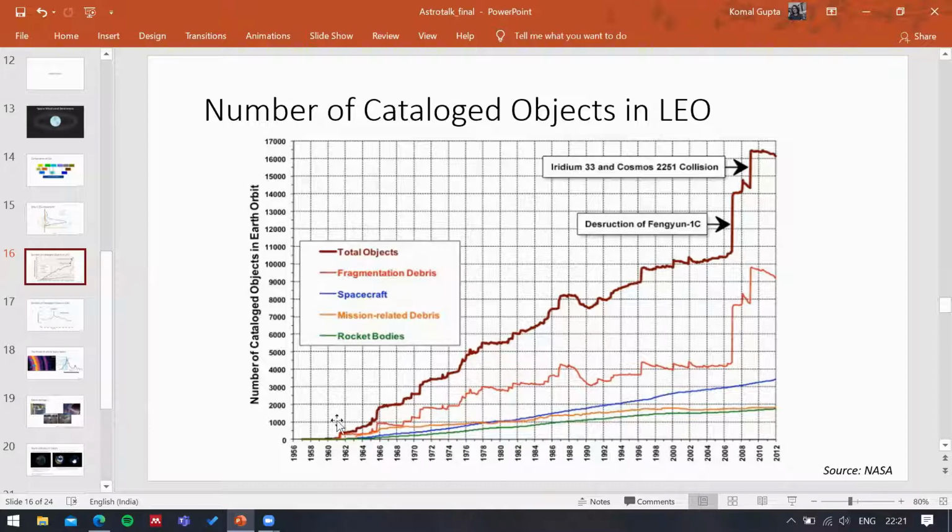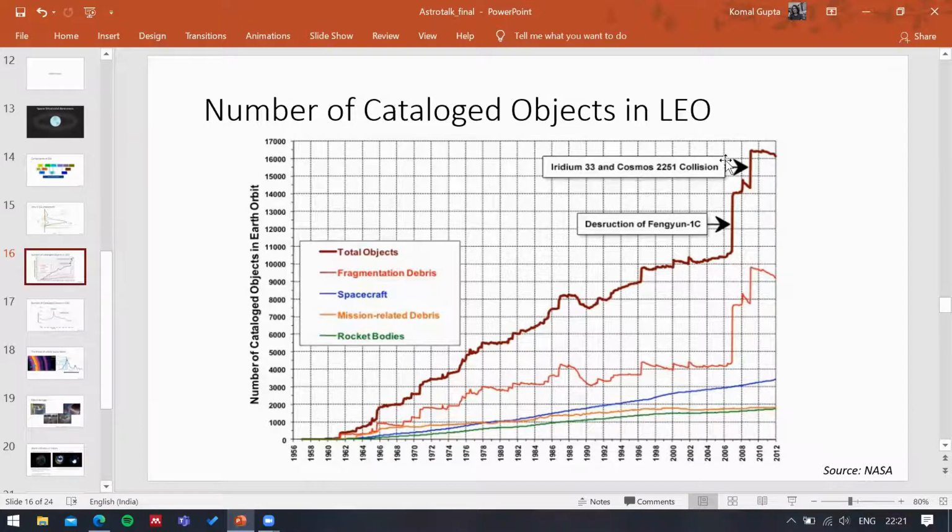But if we just look at this diagram, we can see that since the beginning of the space race, not just the total number of objects, but also the debris as well as rocket bodies and everything else has only gone up. It's not slowing down, and if anything, it's going up at an increasing pace.